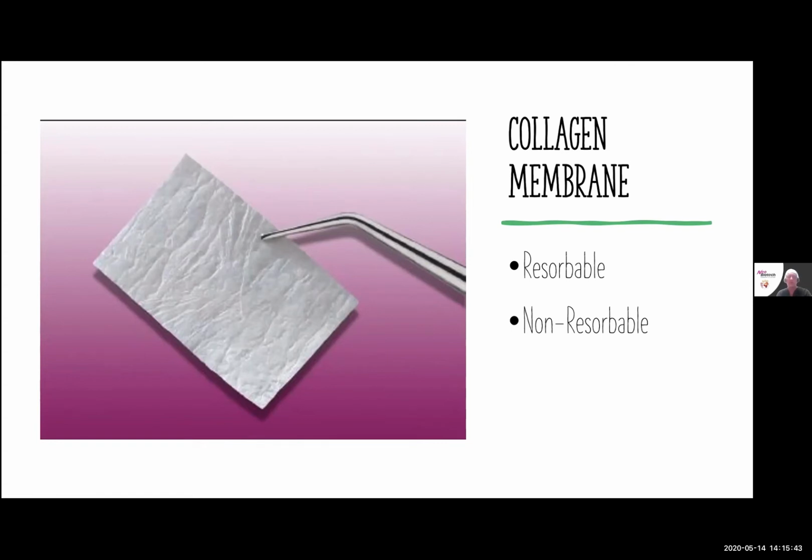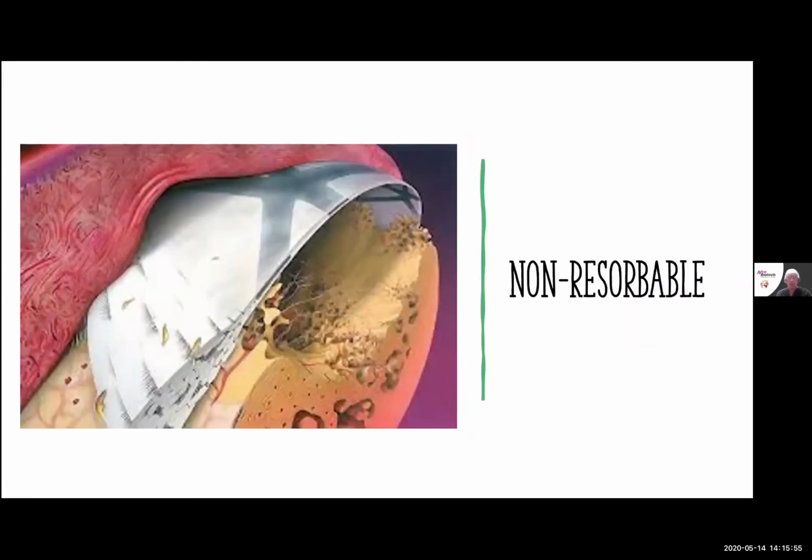And with the technique that I'm going to show you and teach you today, it's something where we all have a resorbable membrane in our office if we are doing any type of bone grafting. The non-resorbable membrane has a titanium reinforcement, and the purpose of this titanium reinforcement is to help hold space so that the bone graft underneath the membrane doesn't get moved or displaced out from under the membrane.